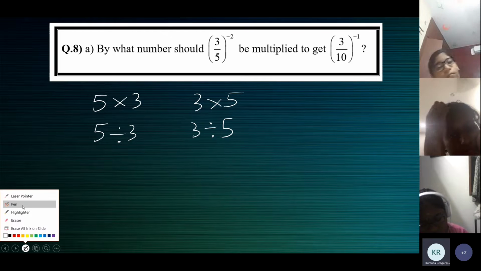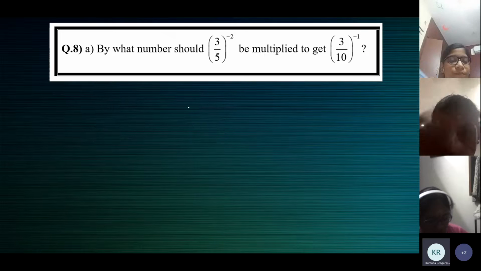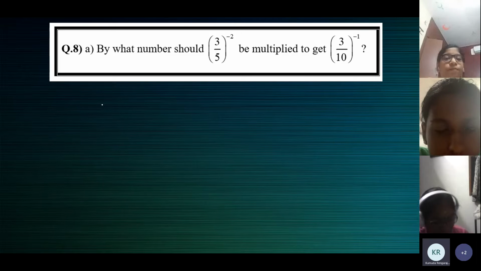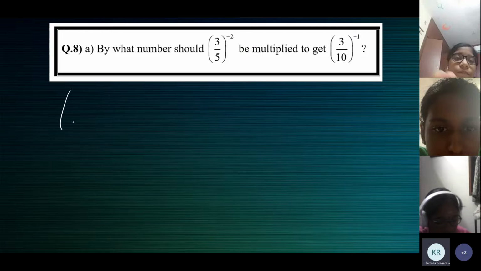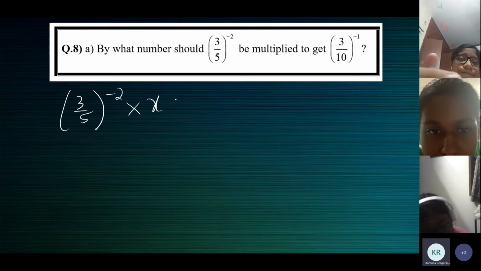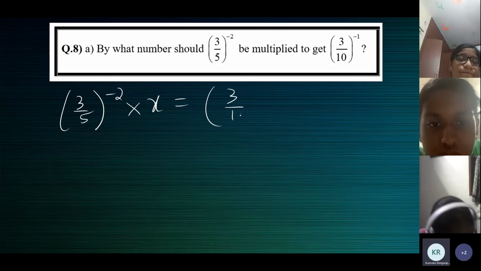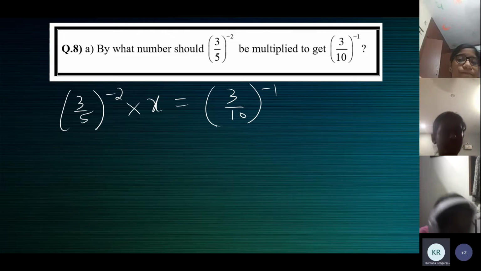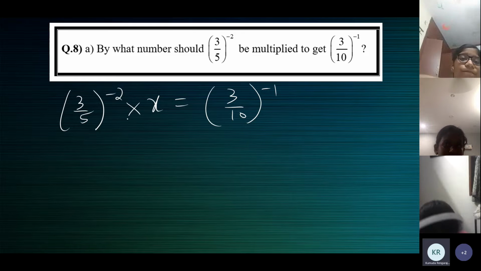So I have to explain this to clarify the next one. By what number should (3/5)^-2 be multiplied to get (3/10)^-1? Here, you can transpose (3/5)^-2, because this is multiplication.